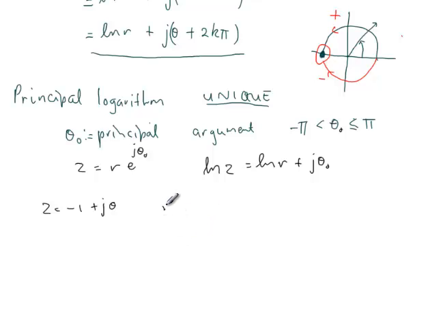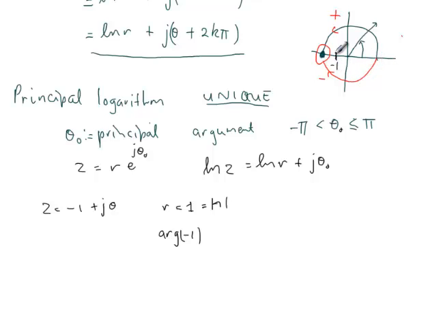We want the modulus. The modulus is 1, because that is actually the modulus of minus 1. The argument of minus 1, where is minus 1? Minus 1 is somewhere there.